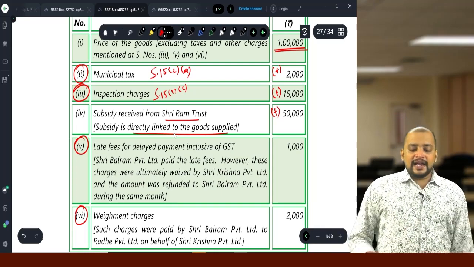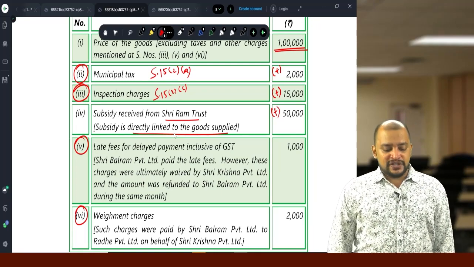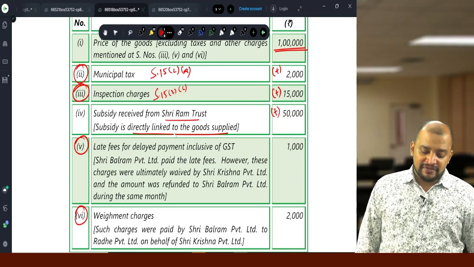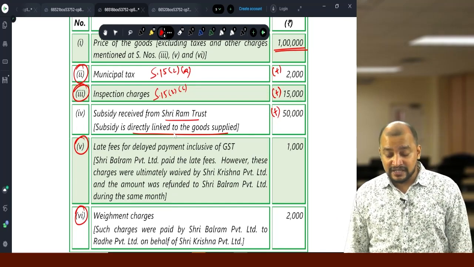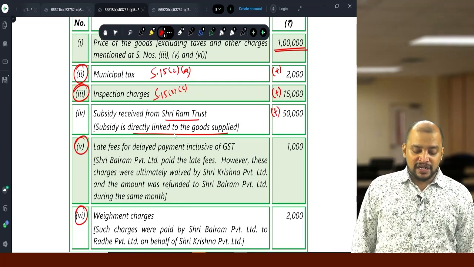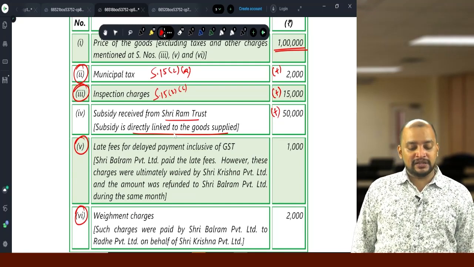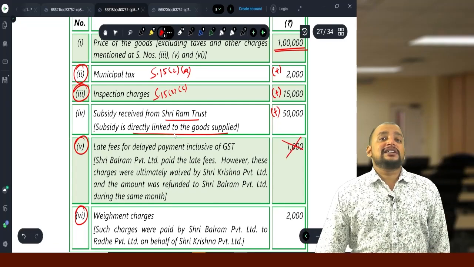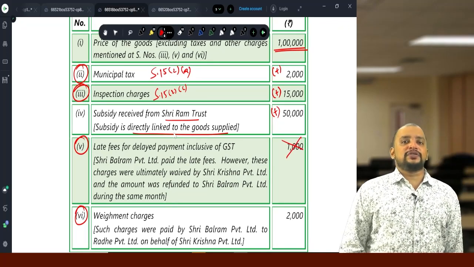Then late fee for delayed payment inclusive of GST. Shri Balram Private Limited paid the late fee, however these charges were ultimately waived by Shri Krishna Private Limited and the amount was refunded in the same month. So then it is not at all charged. Only when the interest is collected will it be chargeable to GST.